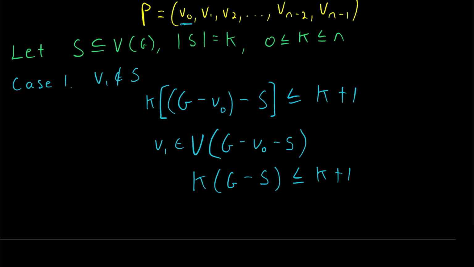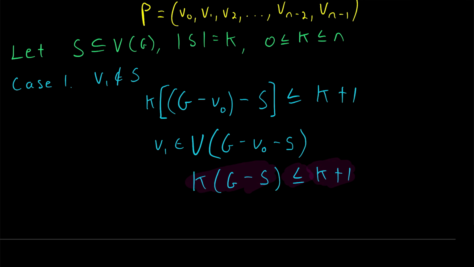On the other hand, if V0 is an element of S, then G minus S also must have the same number of components as G minus V0 minus S, because in that case they would be the same graphs. So again, the number of components in G minus S would be less than or equal to K plus 1.